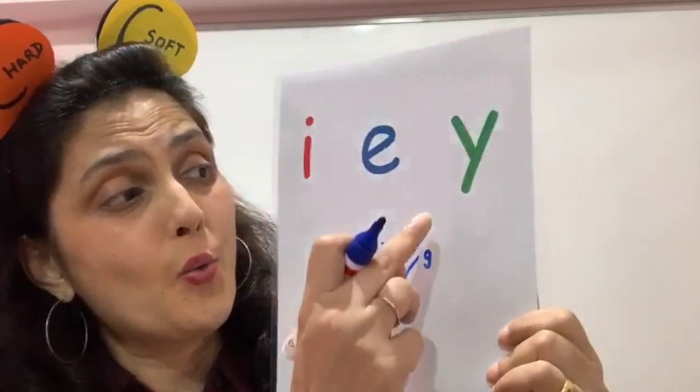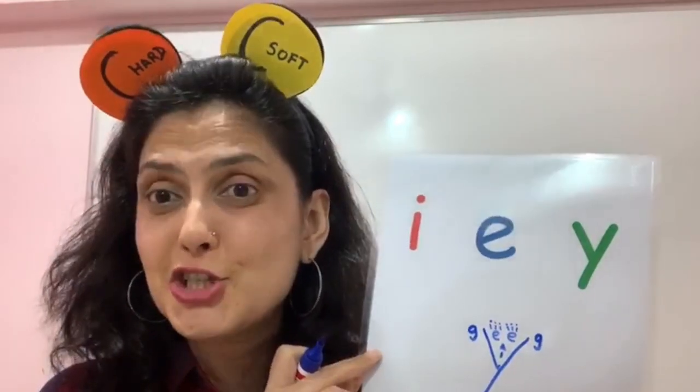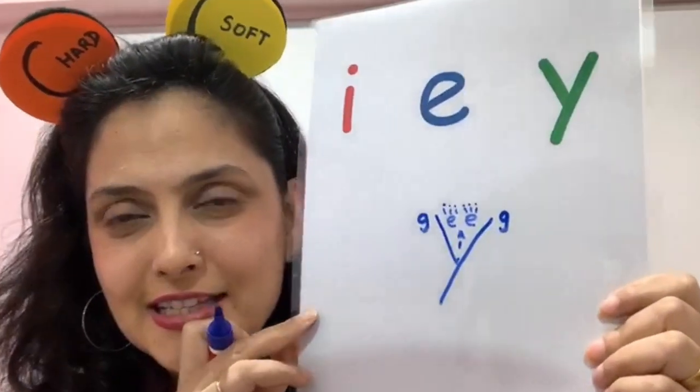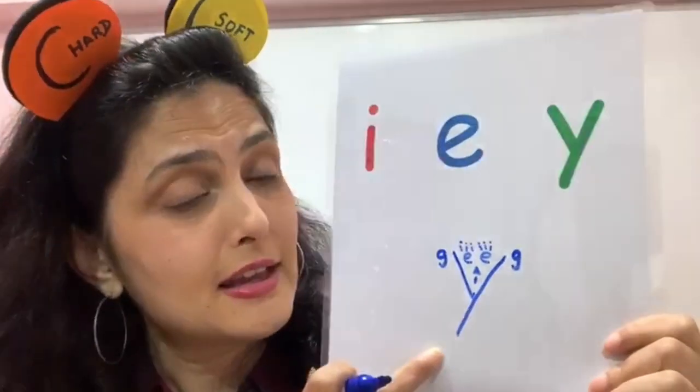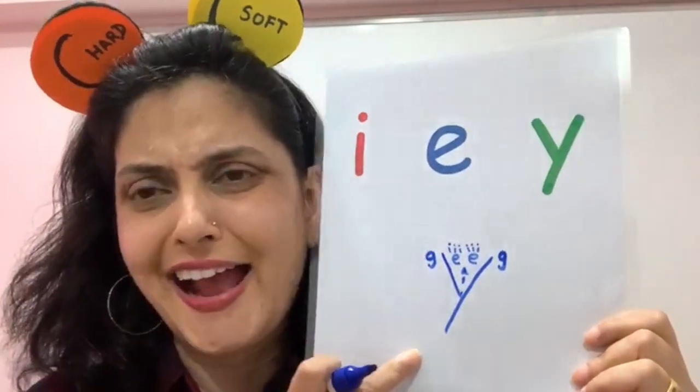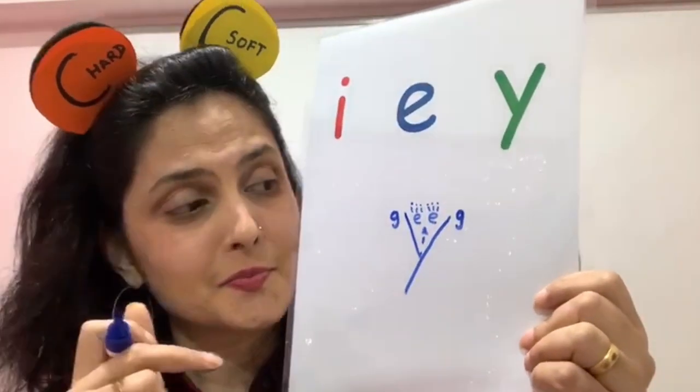Now let's see. So how do you get the J sound? J is the soft sound for G, and you get it when you write Y, E or I next to alphabet G. Now can you see this? You know what this is? This is cat Gigi. Gigi cat. That was Cece princess. This is Gigi cat.